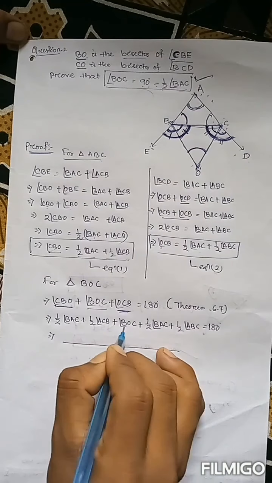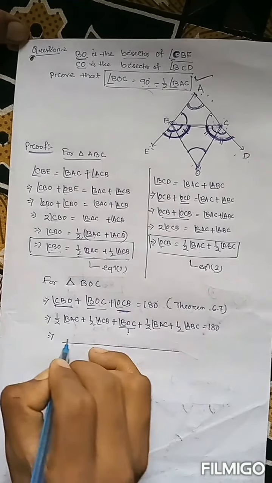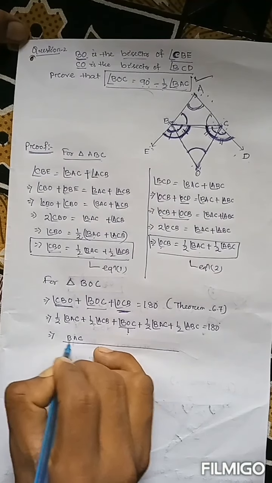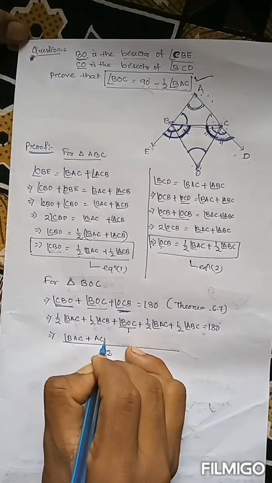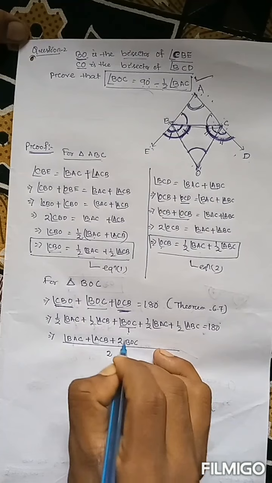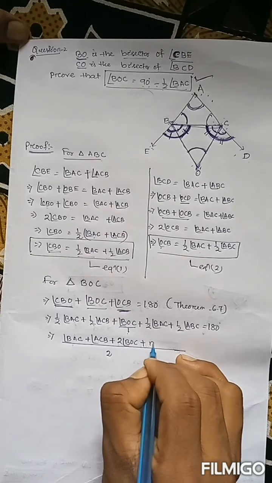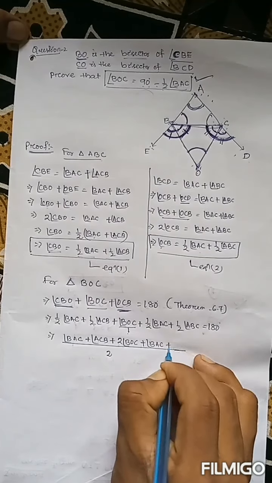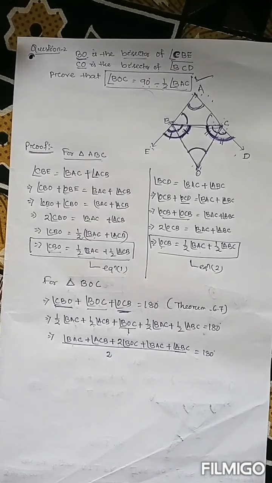Since 2 is the LCM, its denominator is 2. Now the numerators are BSC plus SCB plus 2 times BOC plus BSC plus ABC, which is equal to 180.